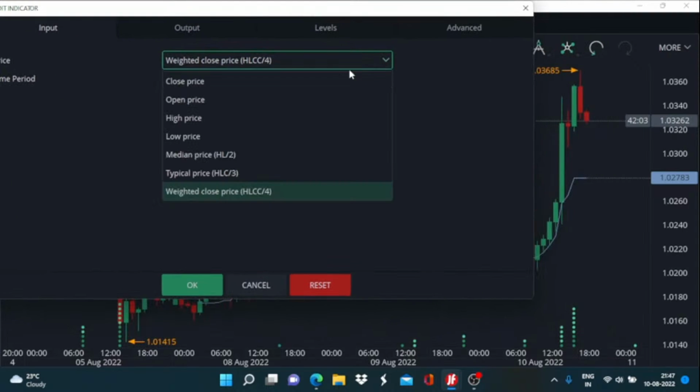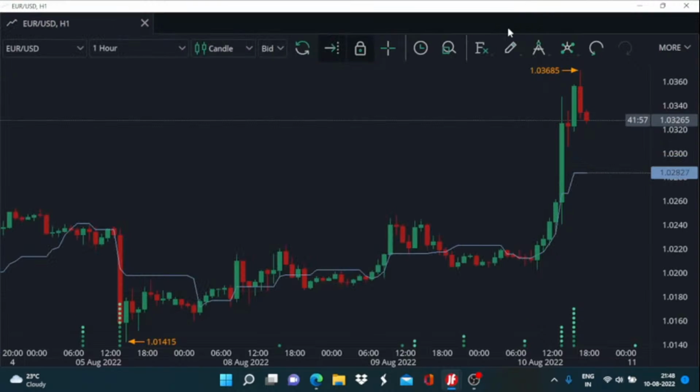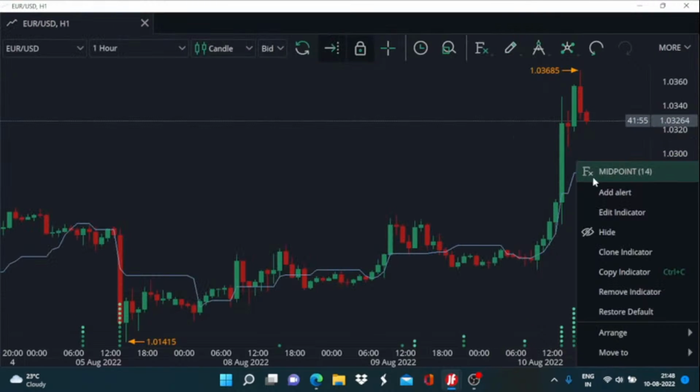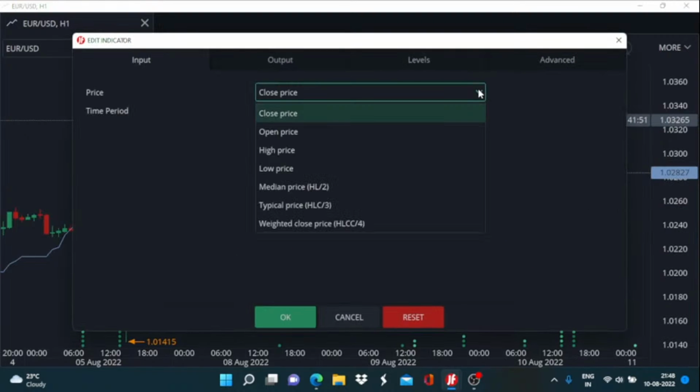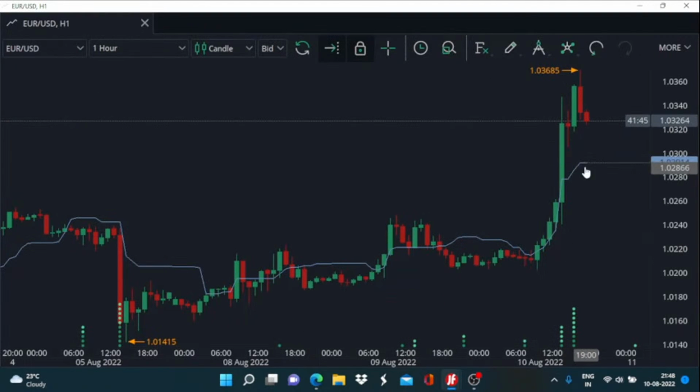Now what we will try, we will use one midpoint of the high price and another one of the low price. So I will add, wait, I think here it has again been restored to the close price. So all right, so we have this midpoint of the high price.